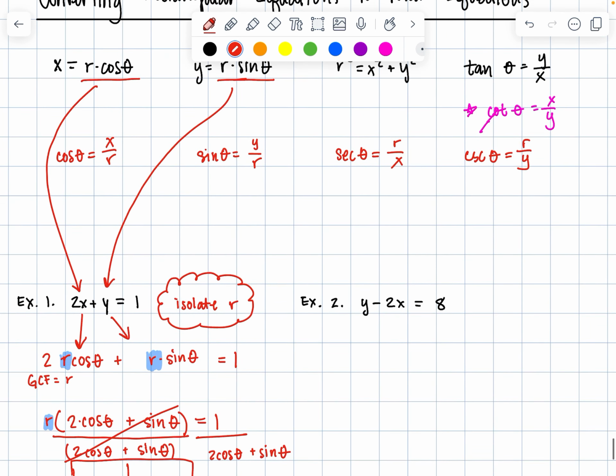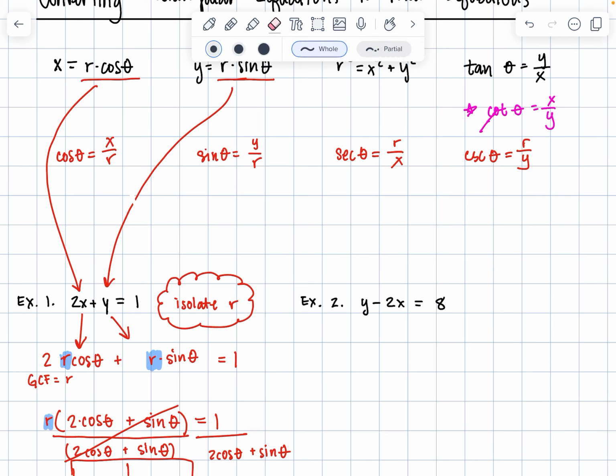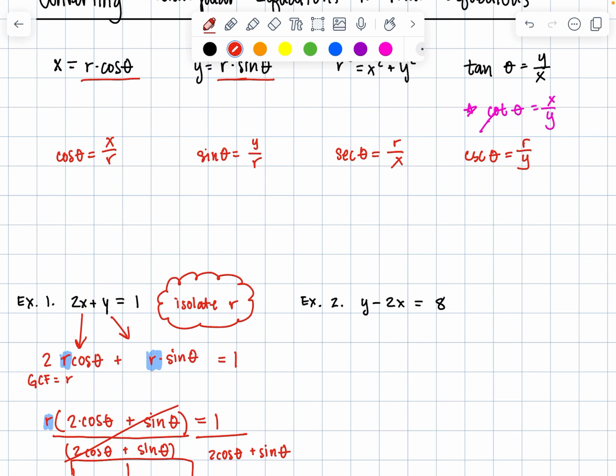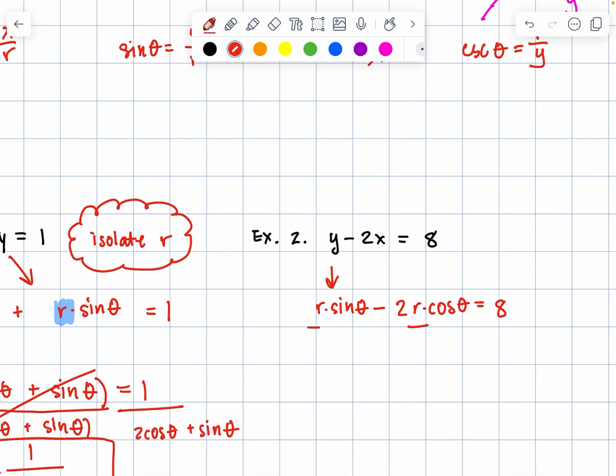We're going to take that y, we're going to substitute in r sine theta. So this is going to be r times sine theta minus 2, x will be r times cosine theta, is equal to 8. Once again, we have r in both terms, so we could factor it out. That's our GCF, r, and we factor out, we have sine theta minus 2 cosine theta inside the parentheses is equal to 8.